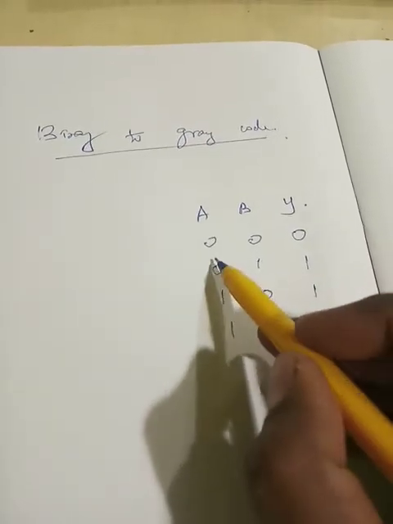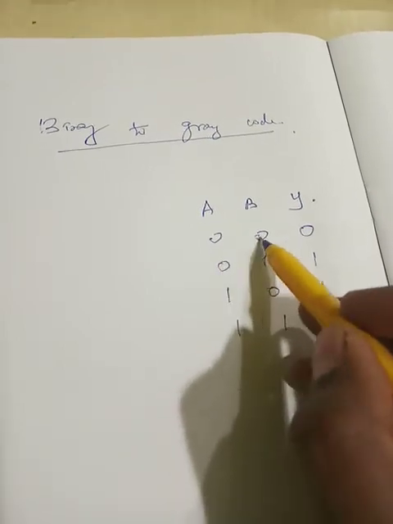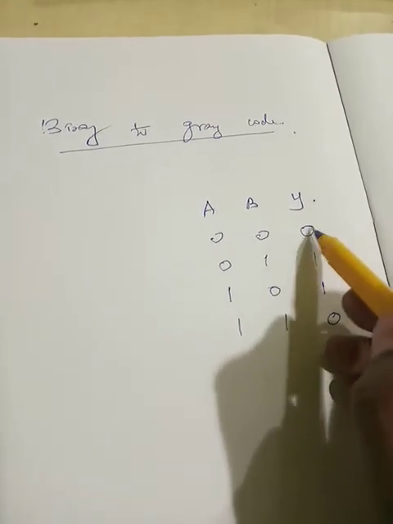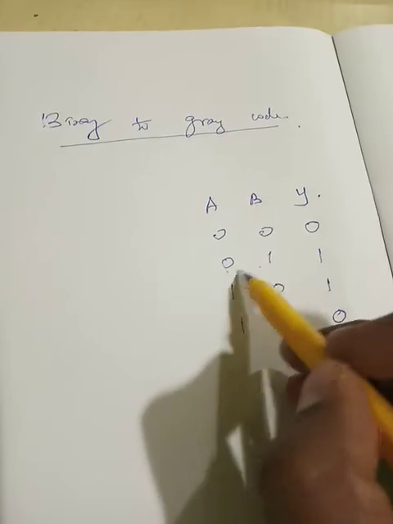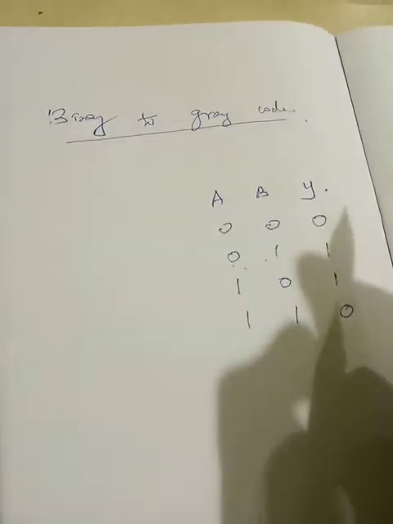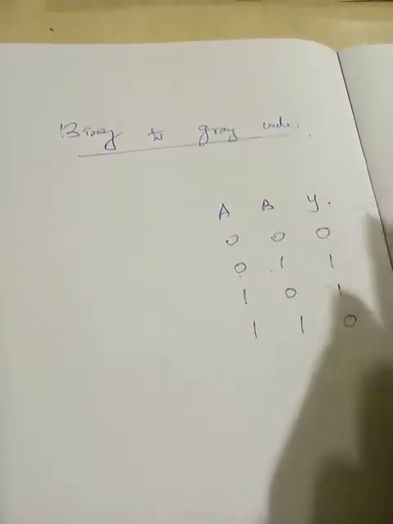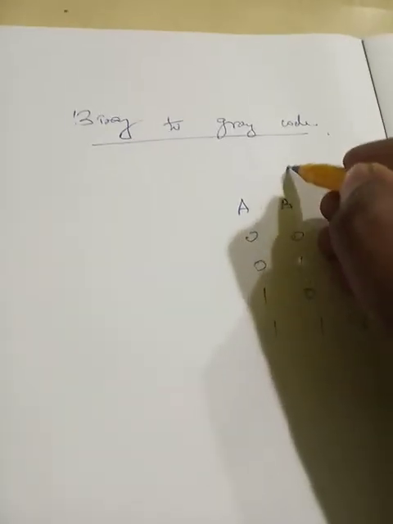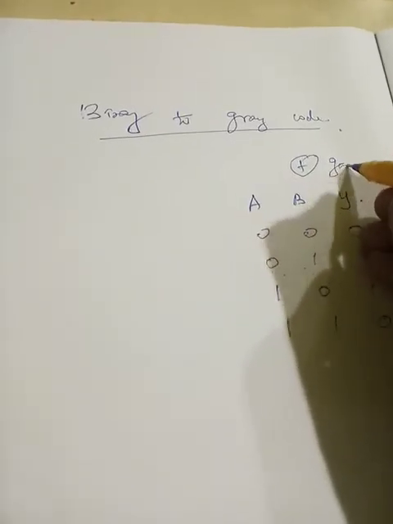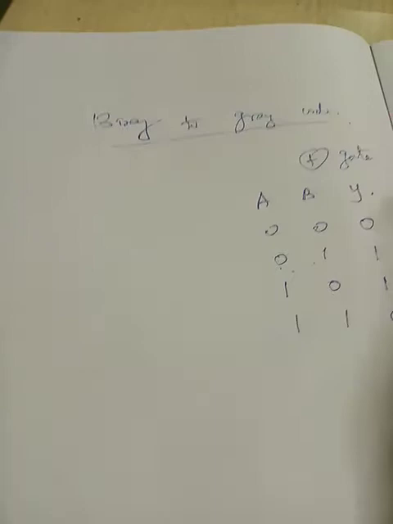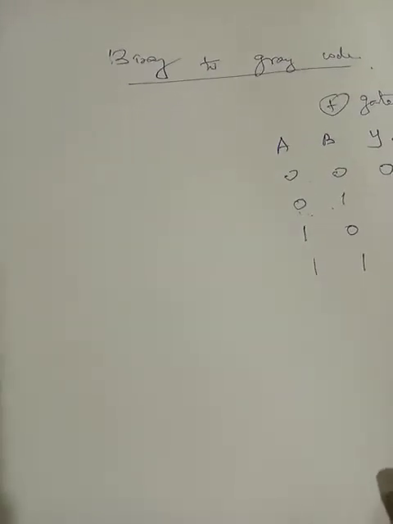So it means if your inputs are the same, then you will not get output. If your inputs are complements, then you will get the output. This is the truth table for the XOR gate, right? Based on this we are going to convert binary to gray code.